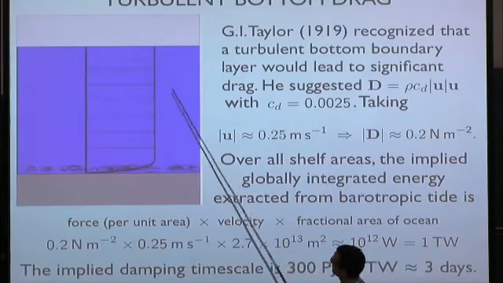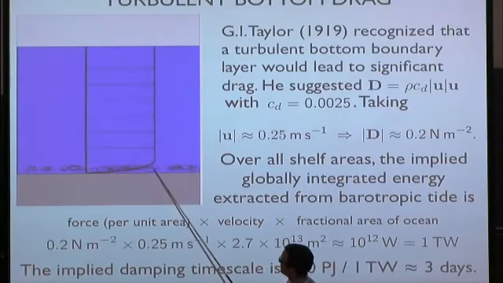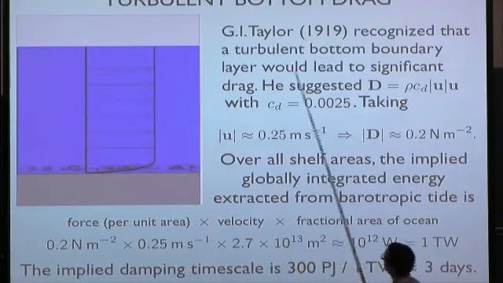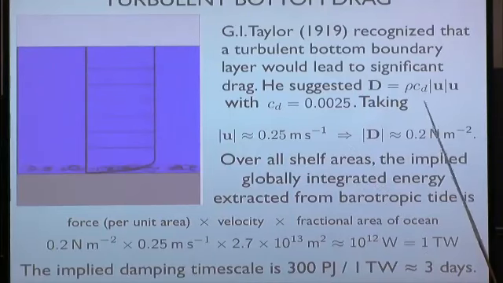And in terms of the depth average dynamics, you can think of this as inducing a turbulent stress at the sea floor. G.I. Taylor was the first to really explore this in great depth, and he noted that there's observational evidence and scaling arguments suggesting that the drag would scale like velocity squared.